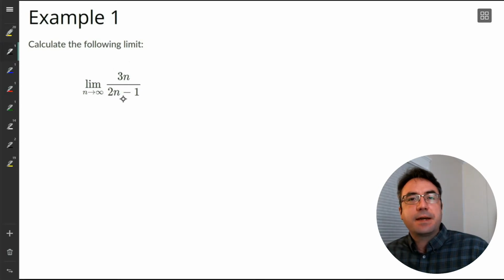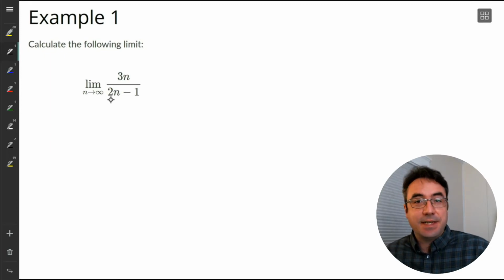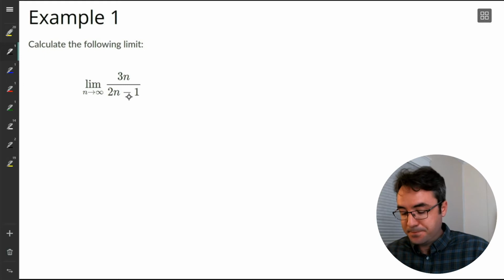And if we think back to the real variable function case, what would we do for a limit like this? Well, we would identify the largest power of x, or in this case, the largest power of n that's in the denominator, and we're going to divide everything by that highest power.